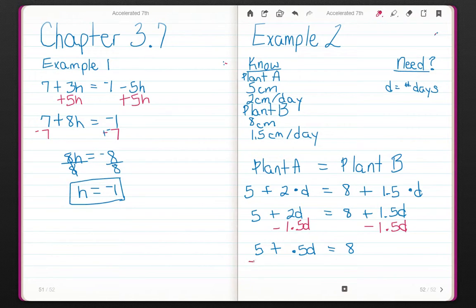I'm going to subtract 5 from both sides of the equation. 0.5d equals 3. Divide by 0.5, you can just see that down there. d equals 6 days.